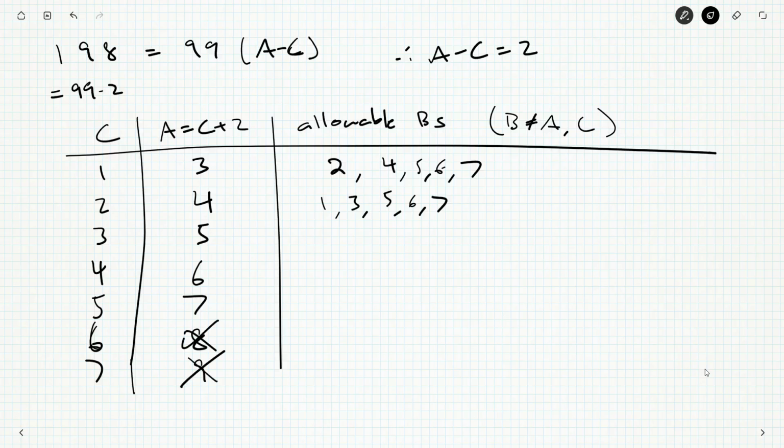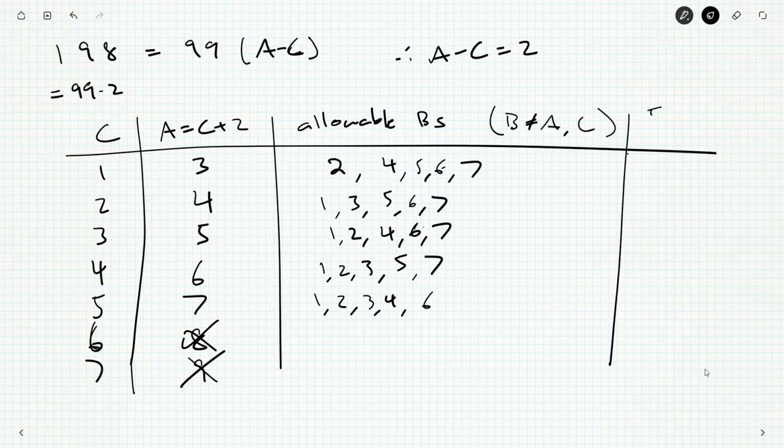But I'm pretty sure we're going to get 5 different B's for each pair A and C. We'll just double check this. 5 is not allowed, 7 is allowed. Oh, 6 is allowed as well. Here we can have 1, 2, 3, can't have 4, can have 5, can't have 6, can have 7. And 1, 2, 3, 4, 6.